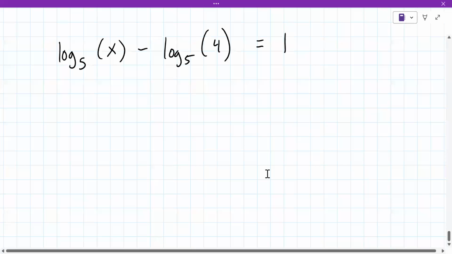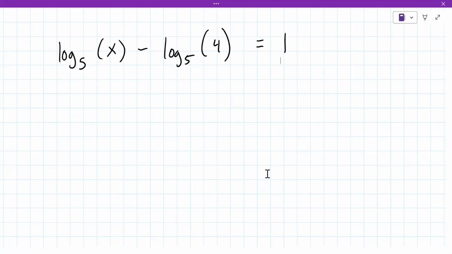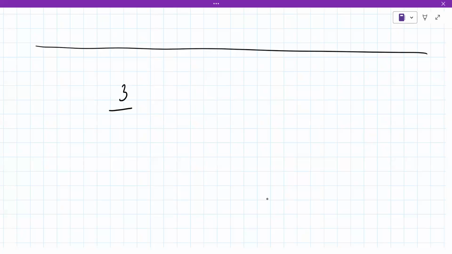Give this one a try, please. X equals 20. Very good.